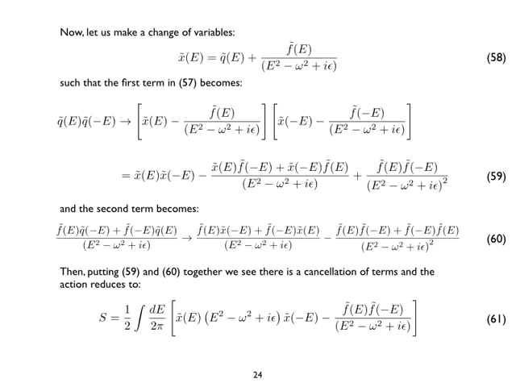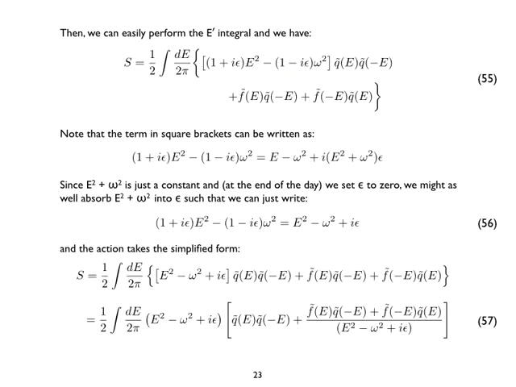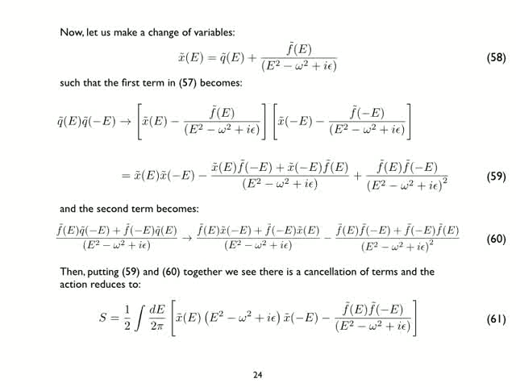Now what we want to do is a change of variables. Maybe it's clear to you why I chose this form of change of variables. It's never been clear to me, but it just works out. I'm going to define some new variable, x, and it's going to be q plus f, with f being over all that stuff.